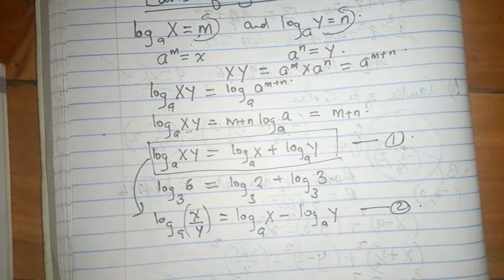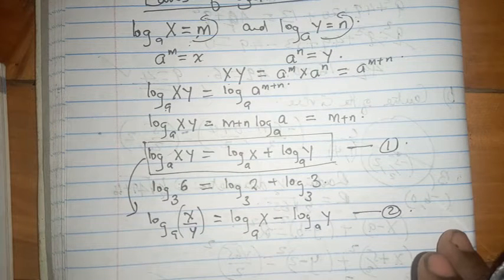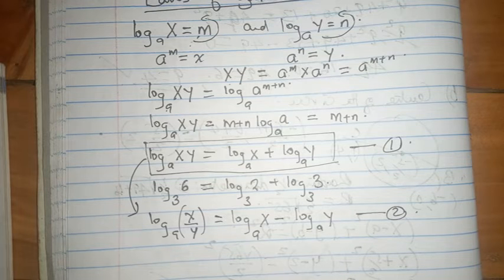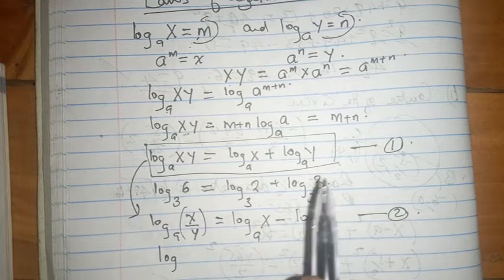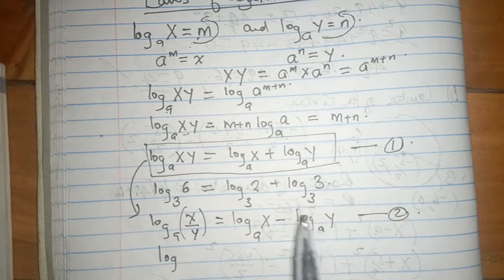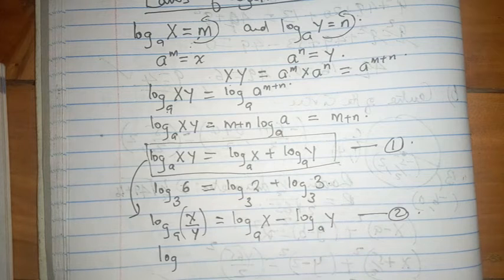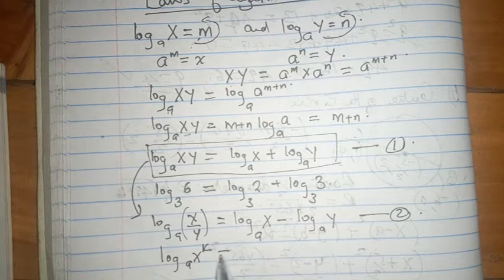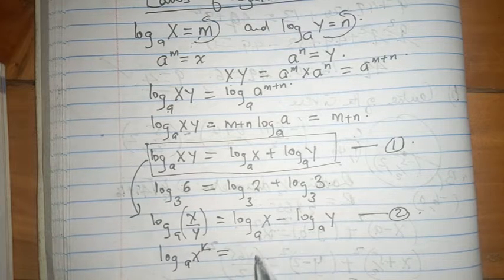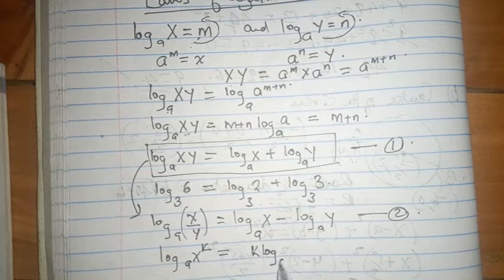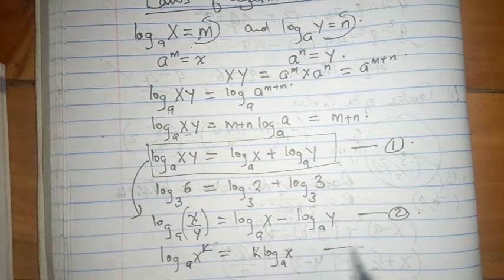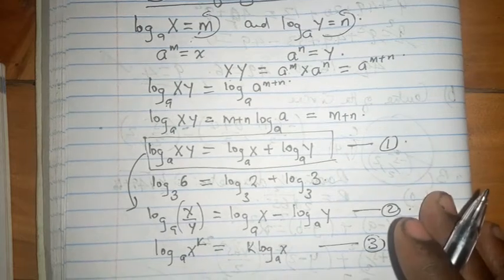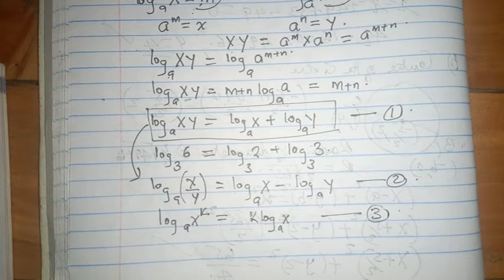This is law 2, so to speak. We can go to the third law: log to base a of x raised to power k is equal to, this index becomes a multiplier now, k log to base a of x. You can call this law 3.